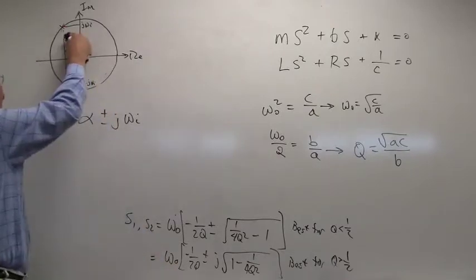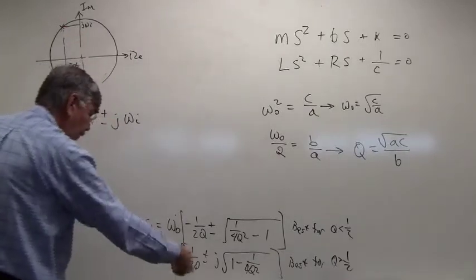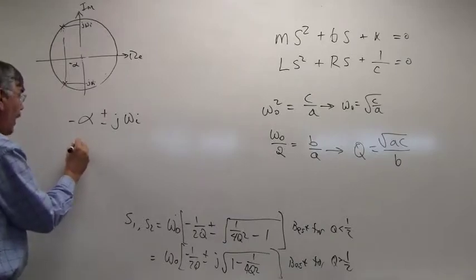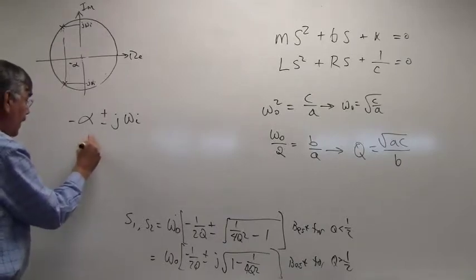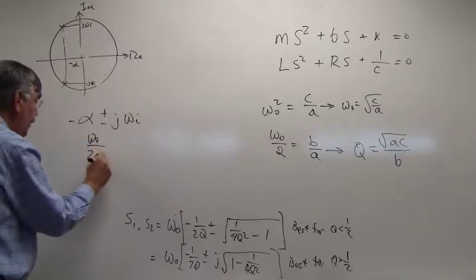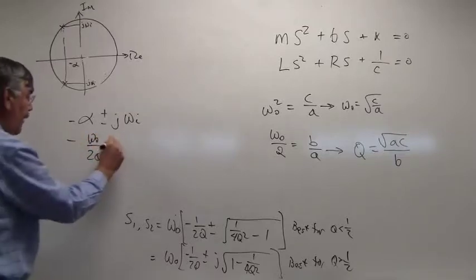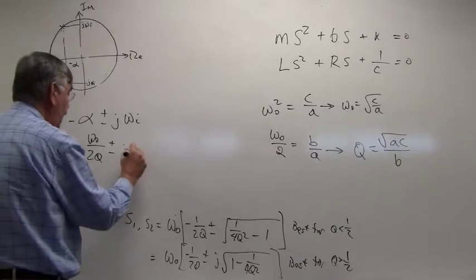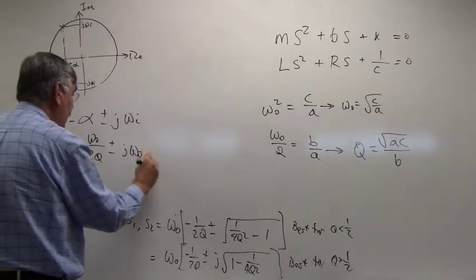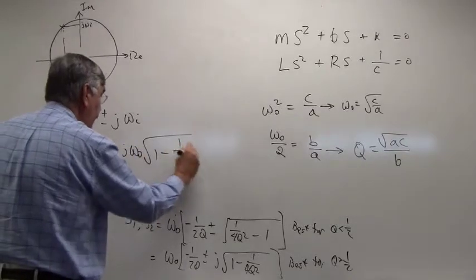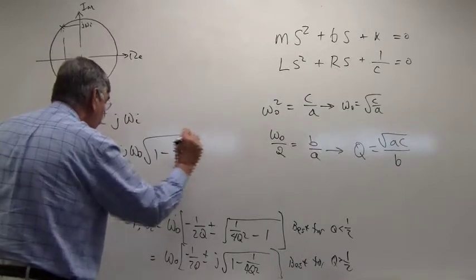And how does that connect up to the q? Well, it's just written right here. So the alpha term is omega naught over 2q, and this is minus alpha. And then this is plus or minus j, and omega sub i is omega naught times the square root of 1 minus 1 over 4q squared.